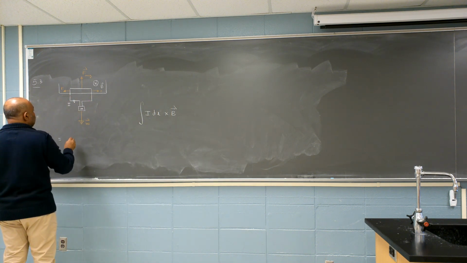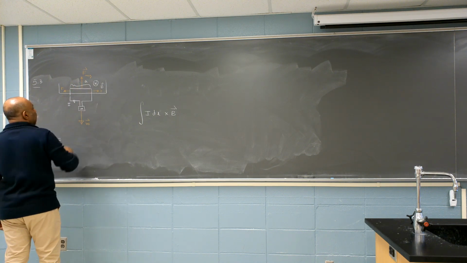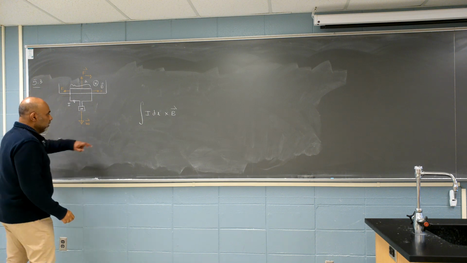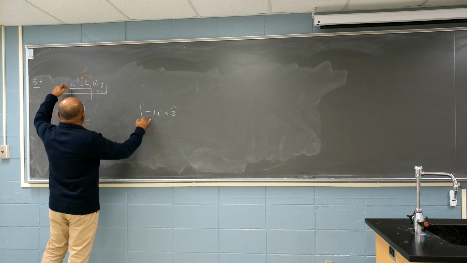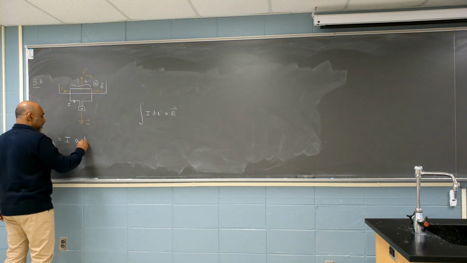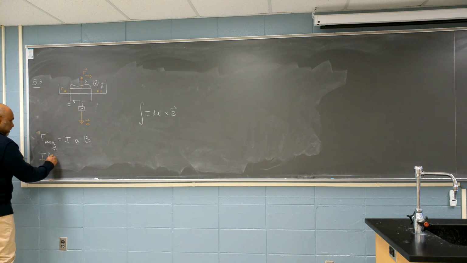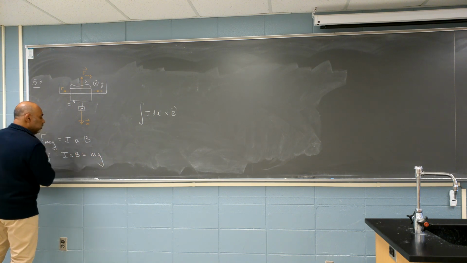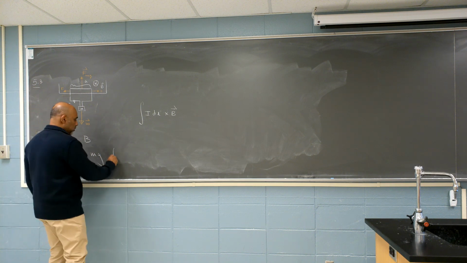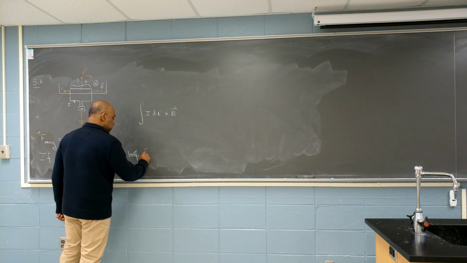This loop in the problem itself has a length of A units. So it is I, which is constant in the loop, integral of dl is simply the length A, times B. And indeed, if IAB equals mg, we get that the loop floats.